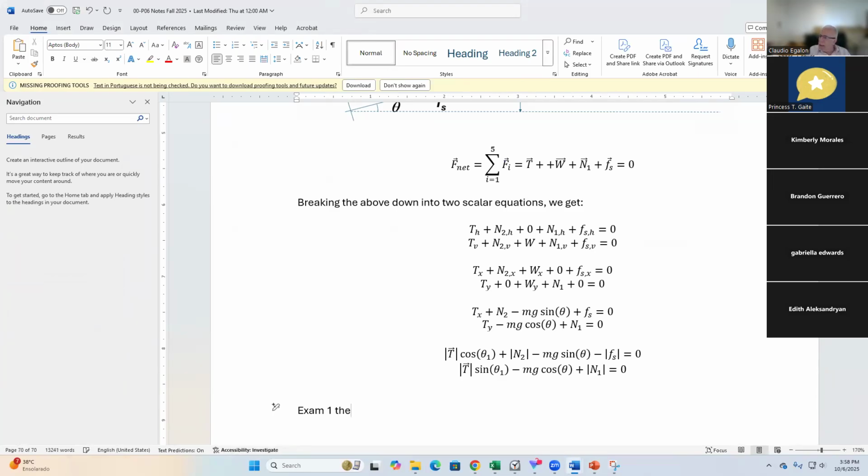Exam 1 is the day after tomorrow, covering chapters 1 and 2, minus the vectors part of chapter 1. We leave the vectors for exam number 2.